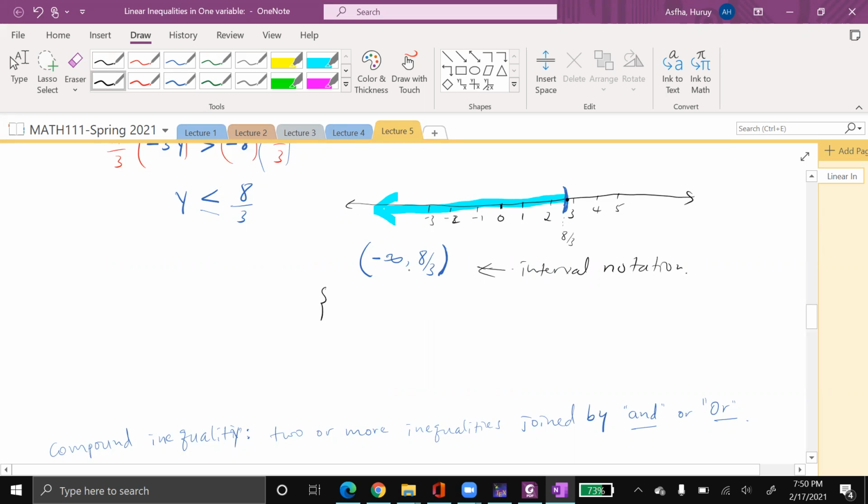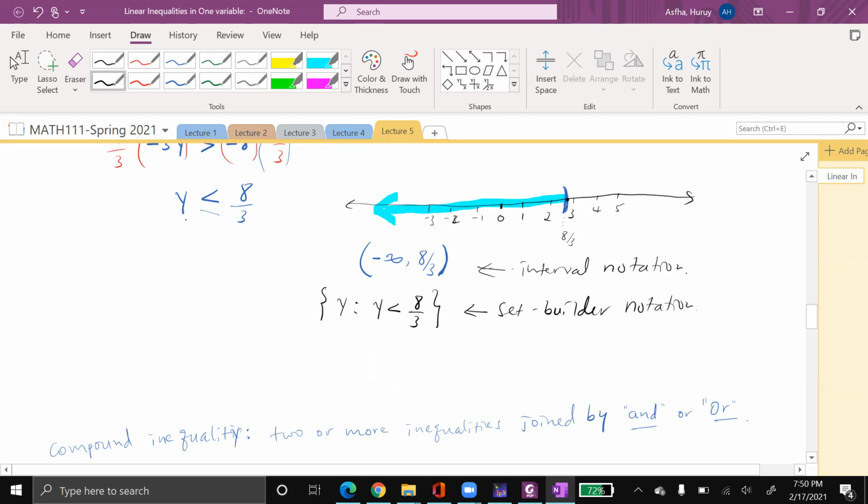I can write this same solution as y such that y is less than 8 over 3. I think I will write this one. So y such that y is less than 8 over 3, and this is what we call set builder notation.